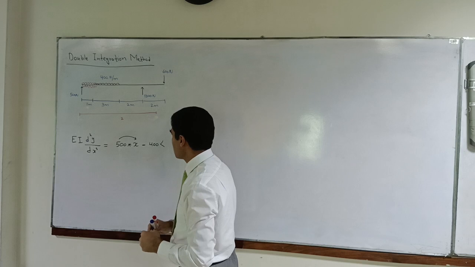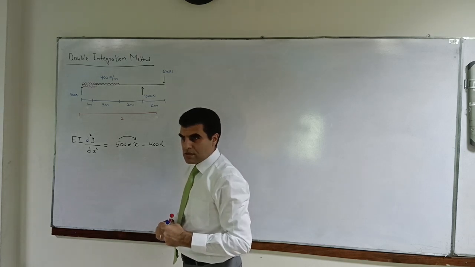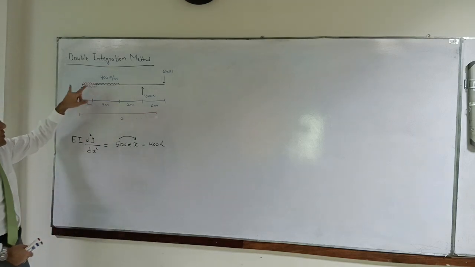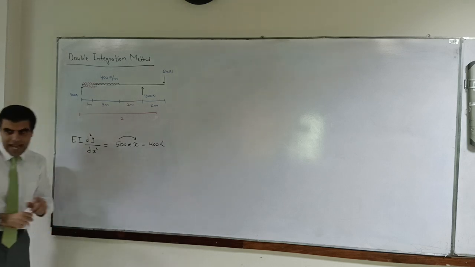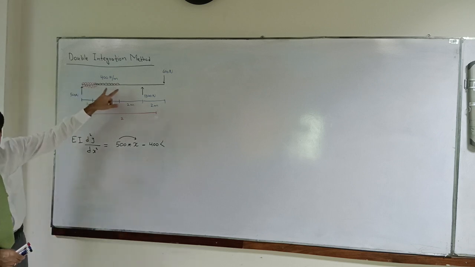Sir, first we will multiply 400 with 4 so that we can get the total. It is acting on the 4 meter section. No. What we want is this whole thing in terms of x. But first we multiplied 400 with 4 meters, in order to calculate the whole applied load, because it's UDL, it's not a point load, it's acting on 4 meters. Sir, no, this is our UDL now. This is the UDL. Yes, sir.